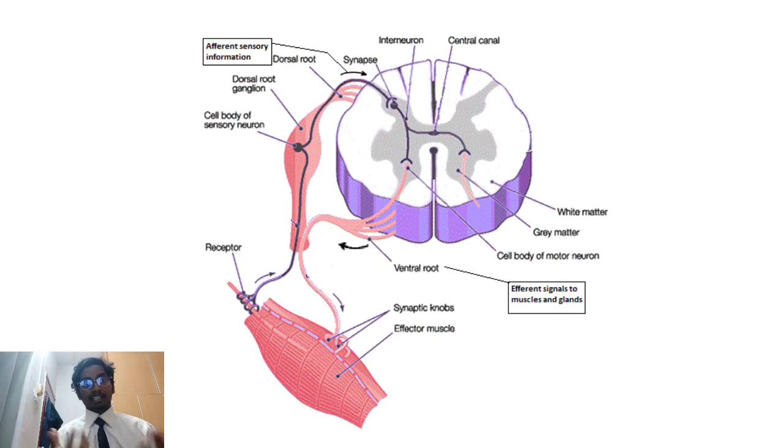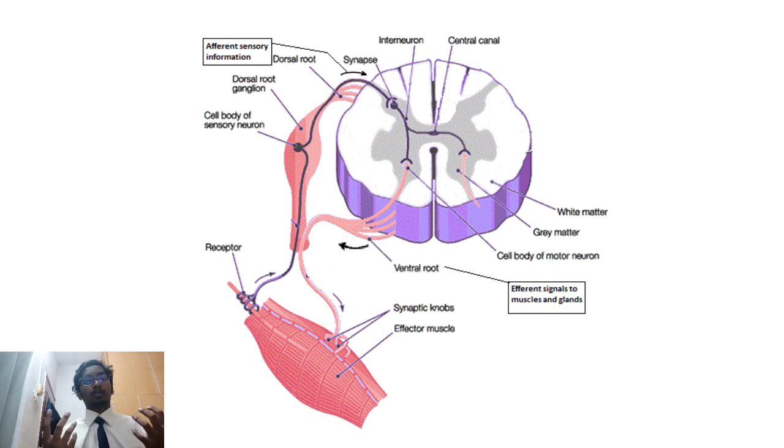These tracts continuously pass information from or to other parts of the body. The tract at the dorsal part sends information to the brain, while the tract at the ventral part sends information from the brain.